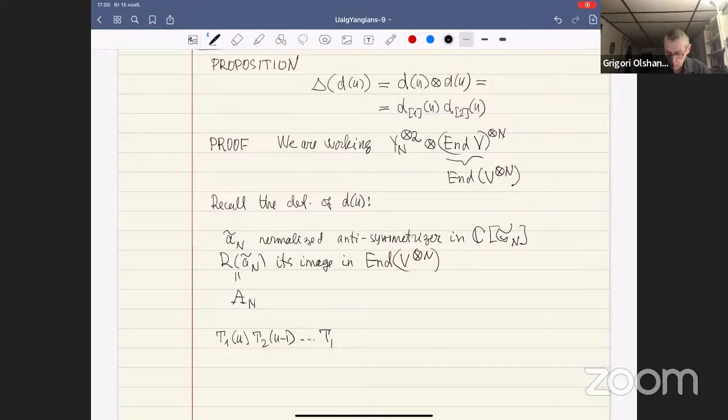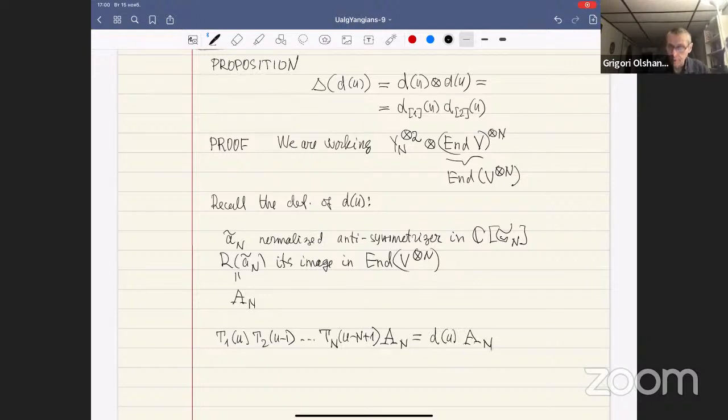N times, and this is equal, actually, we proved this is equal to this.